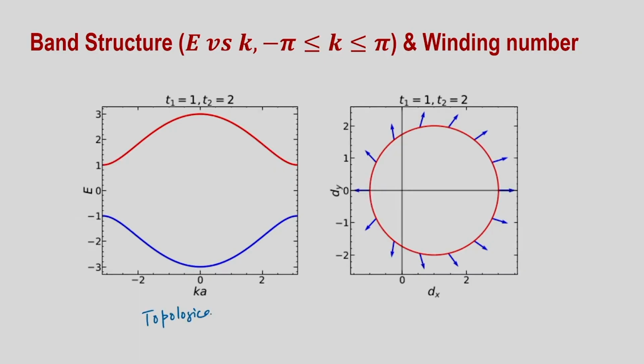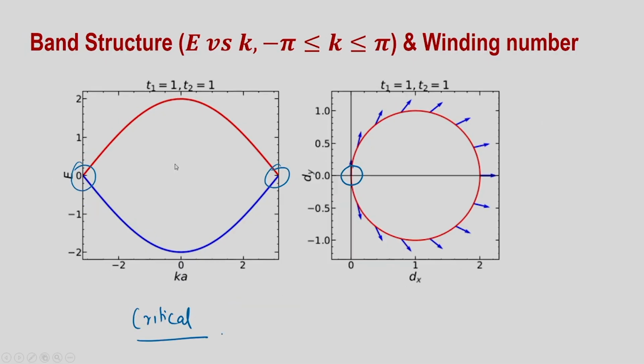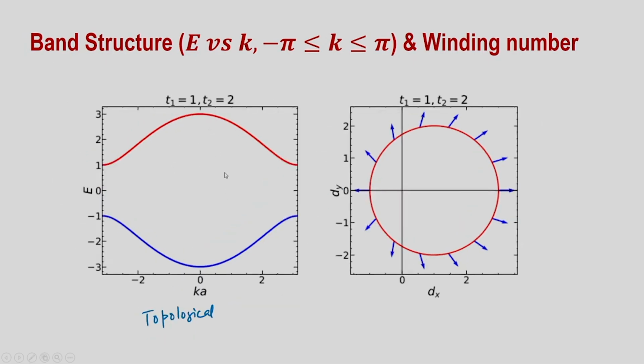Now if you look at the band structure between this and this, that is T1 equal to 1, T2 equal to 0.5, T1 greater than T2, the band structure is absolutely identical. The conduction band, which is shown by red, and the valence band, which is shown by blue, correspond to the plus and minus signs of the E versus k.